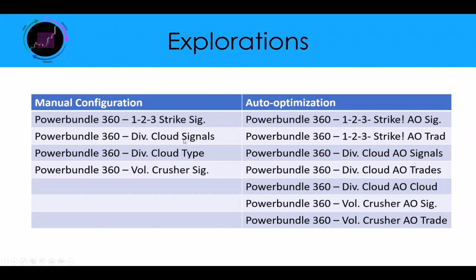Okay, so in addition to this, we have now included, with the latest generation of the Powerbundle AO, 7 new explorations, which scan for different aspects, and they all use the auto optimization feature. This is really powerful because now we will not use the same parameterization for every single symbol that we scan through. Instead, we will use an optimal configuration on a per symbol basis.